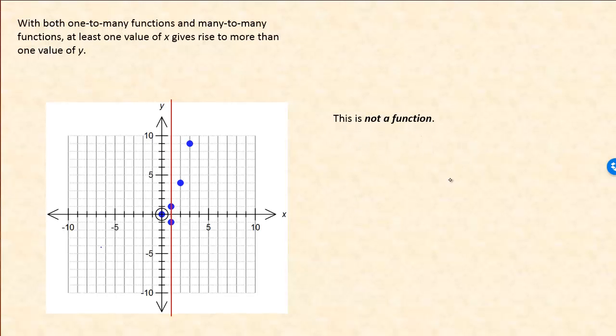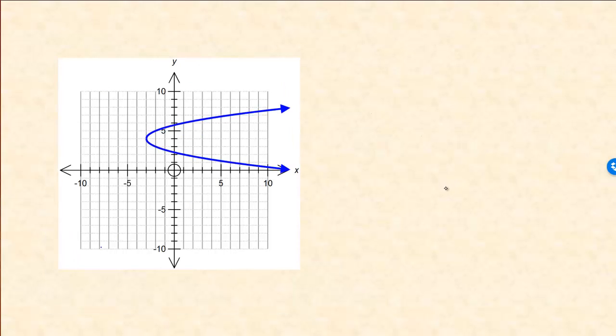So this one is not a function. If we look at this one here, do the same thing with our line. When we get to a point here, and there's many others, this vertical line cuts the graph twice, and therefore this is not a function.